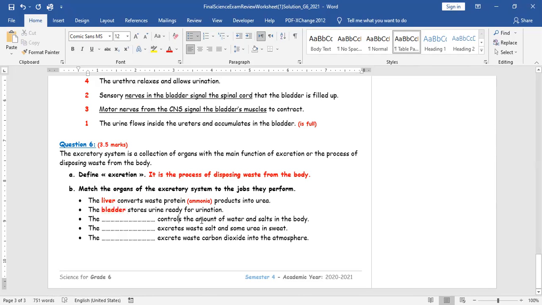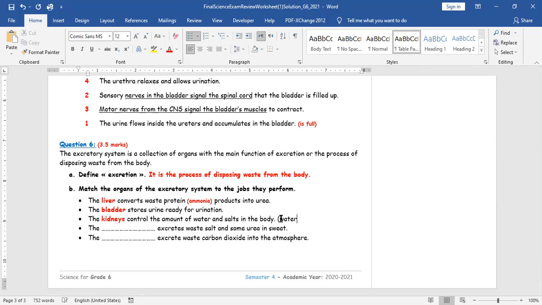What controls the amount of water and salts in the body? The kidneys, for sure. The kidneys collect extra water and extra salts, and then urea, salts, and water mix to make urine.